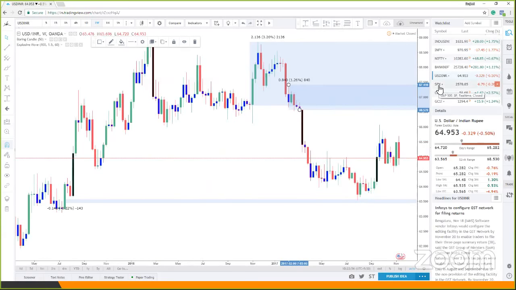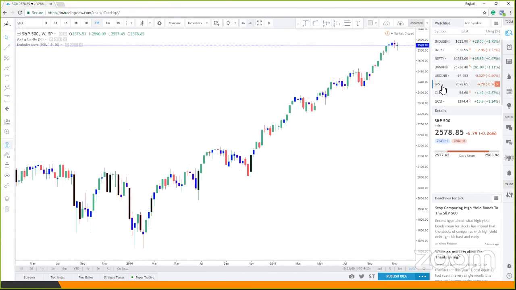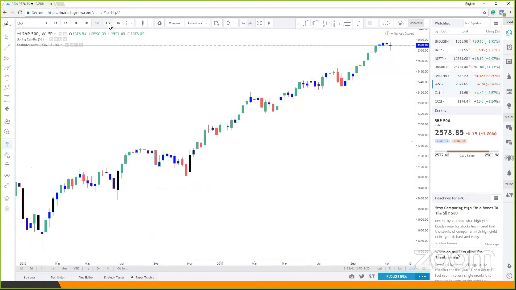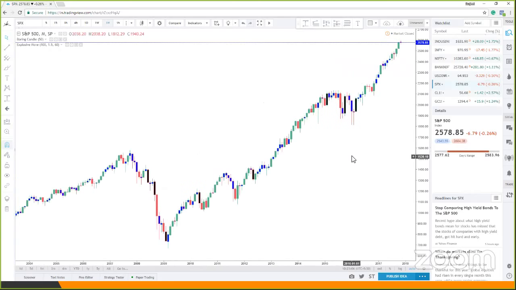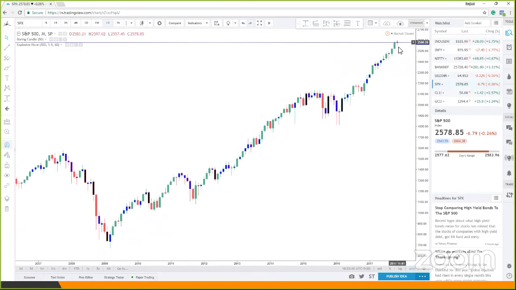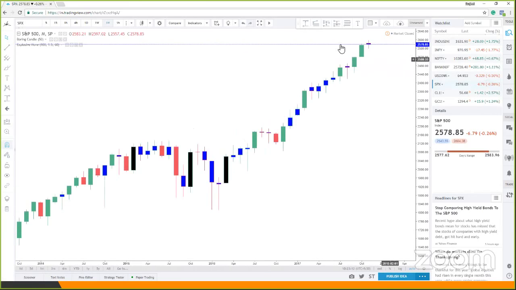Let's look at the next one, which is SPX, which is the US index, right? Again, the same picture, because when it comes to all the major indexes, you will see we have exactly the same picture, making all-time highs. So here again, we'll have to wait for some corrections to happen with a longer term perspective if you want to participate.